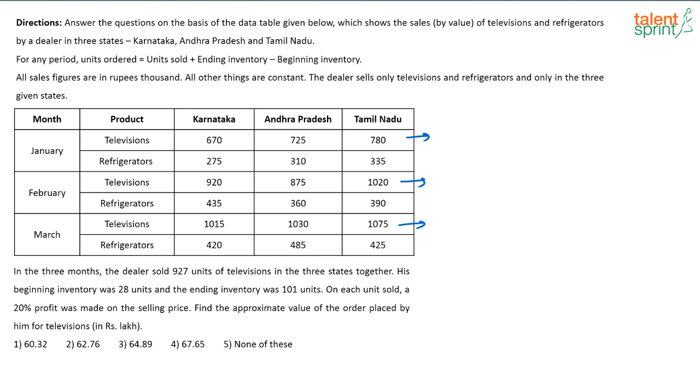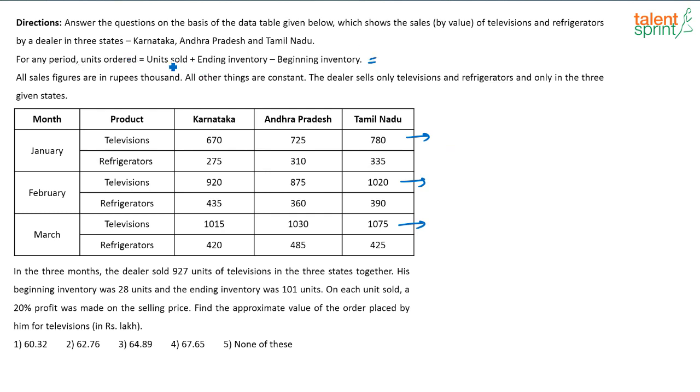Okay, I'll start solving it. What is given? In the 3 months, the dealer sold 927 units of television in 3 states put together. So units ordered is equal to units sold plus ending inventory minus beginning inventory. Again, I am going to use this. So what is the units ordered?